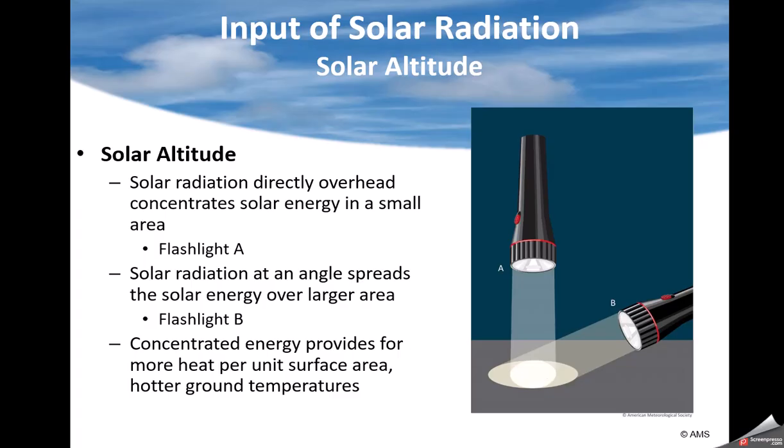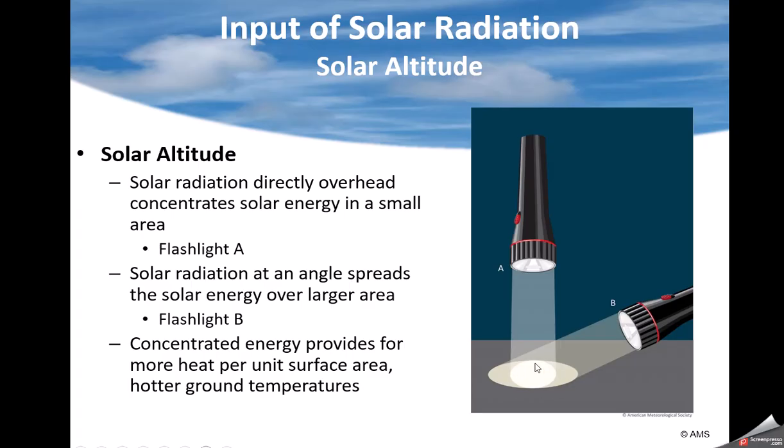Now, if I go 20 or 30 degrees north or south, that angle changes. The sun is coming in at a different angle. It's not directly overhead. That means that same energy that's covering that little small area at the equator is now covering a much larger area.